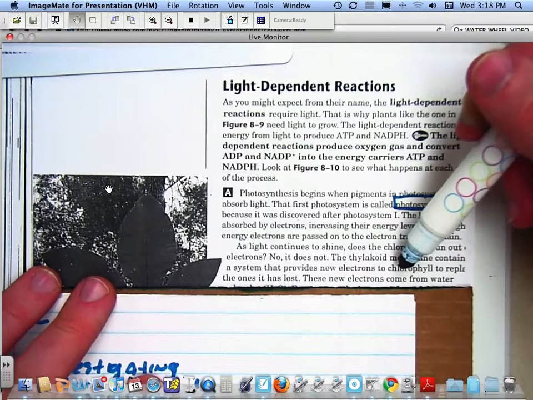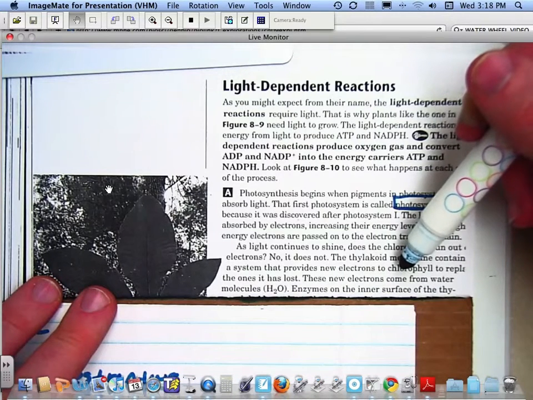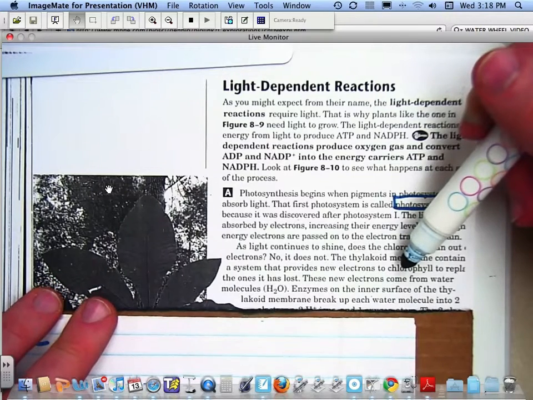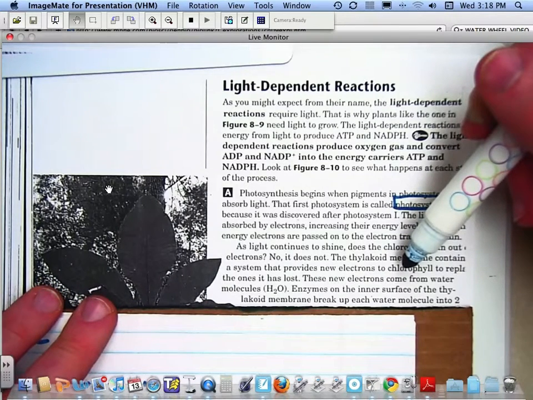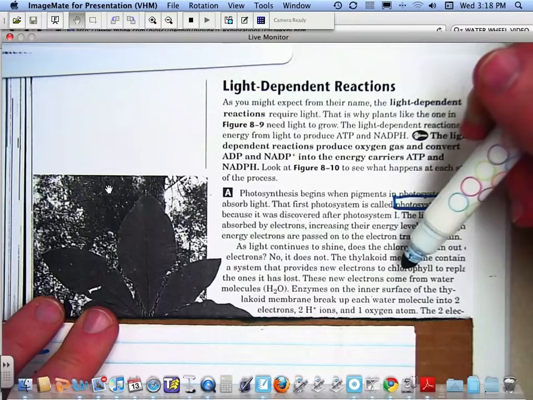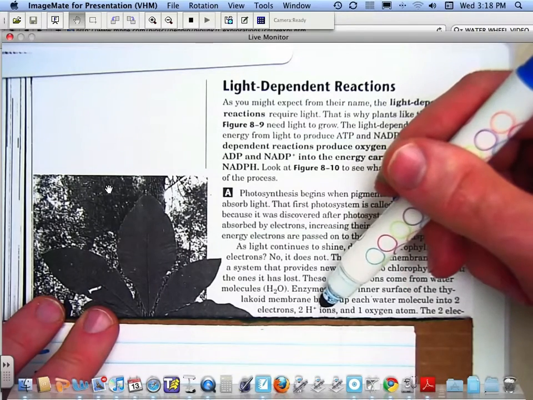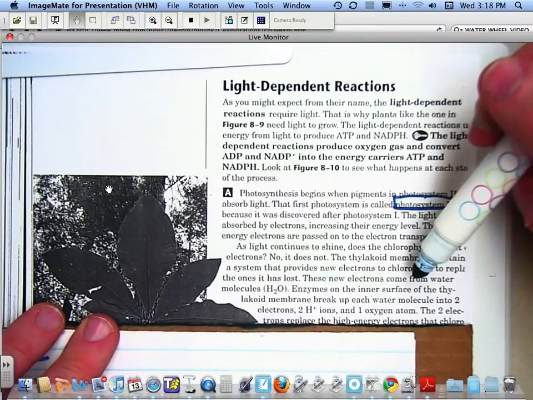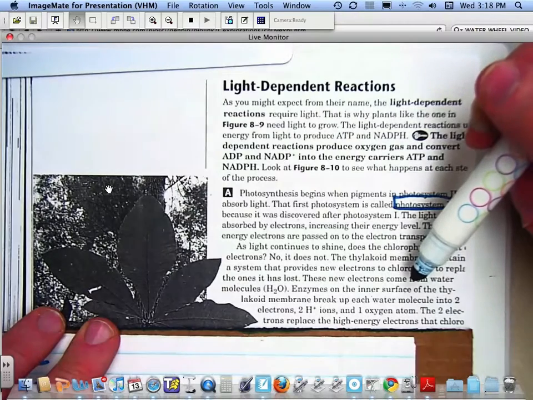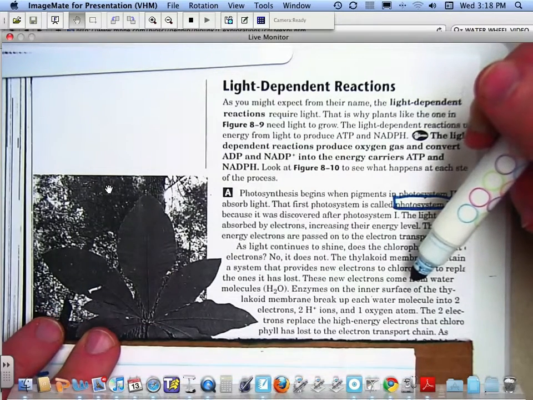These new electrons come from water molecules, H2O. Enzymes on the inner surface of the thylakoid membrane break up each water molecule into 2 electrons, 2 hydrogen ions, and 1 oxygen atom. The 2 electrons replace the high energy electrons that chlorophyll has lost to the electron transport chain.